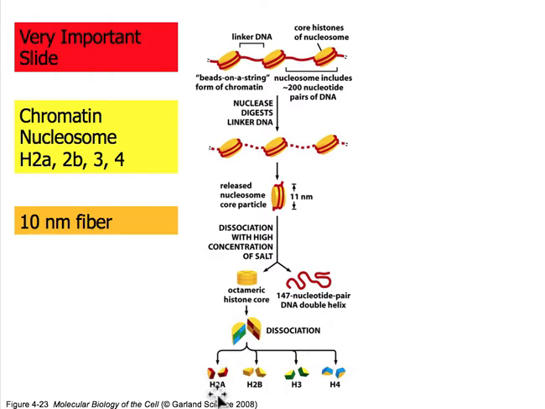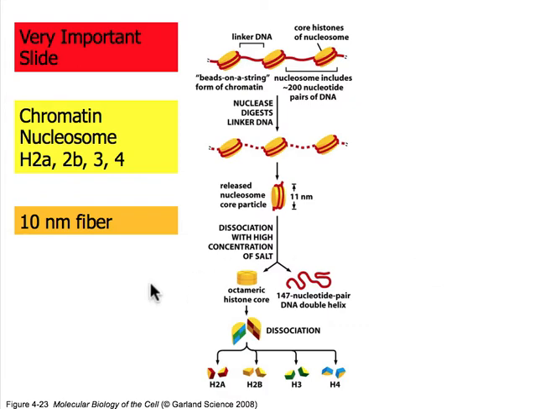Those subunits translate to 2 H2A polypeptides, 2 H2B polypeptides, 2 H3, and 2 H4, the total number being 8. Thus elucidating the structure of the nucleosome core particle and the amount of DNA associated with it.